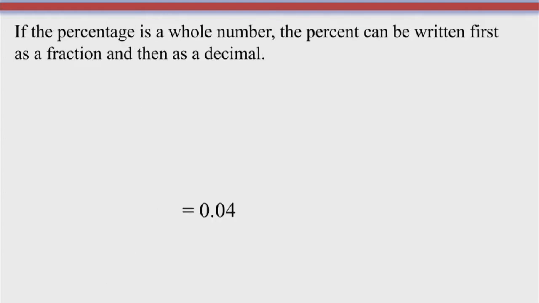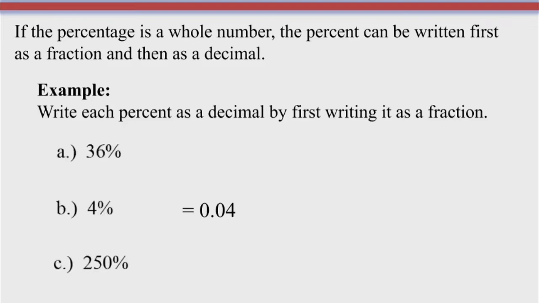Okay, if the percent is a whole number, the percent can be written as a fraction, then as a decimal. So what we can do is, if we have 36%, we can write it as a fraction first, 36 over 100, and then we could write it as a decimal, which would be 0.36.